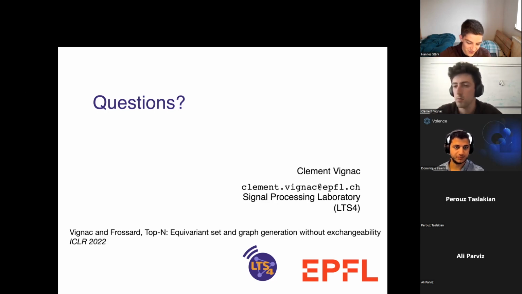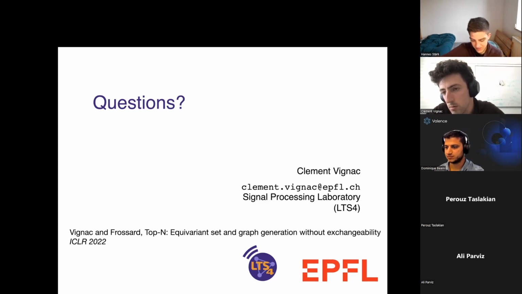Could some improvement be to have something like independent sampling, but where we get rid of the drawbacks of independent sampling and keep the exchangeability of independent sampling?